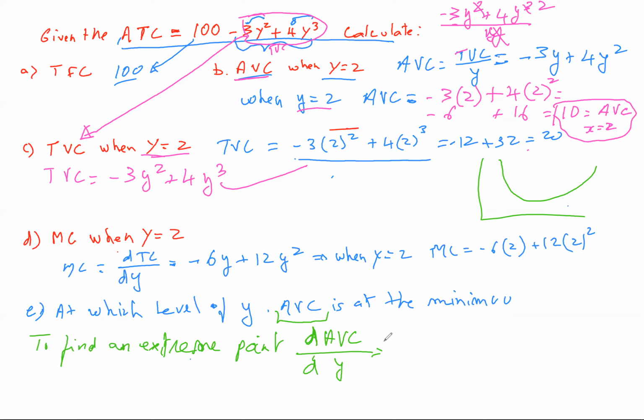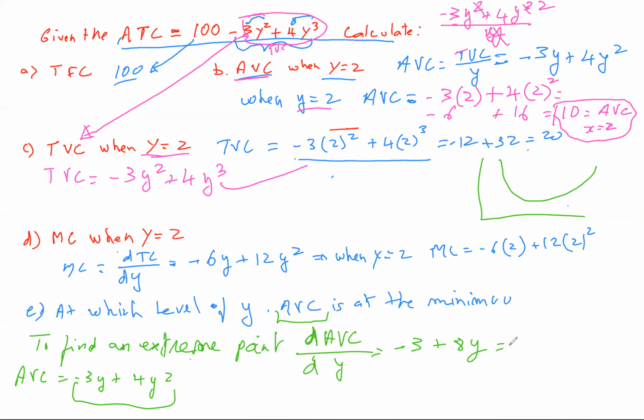so our average variable cost is, let's put it here, minus 3y plus 4y squared. And so the derivative of the average variable cost is going to be equal to minus 3 plus 8y.